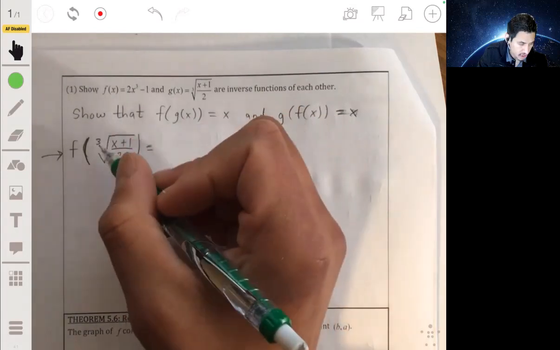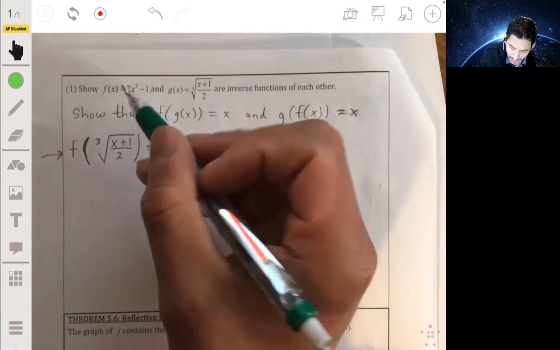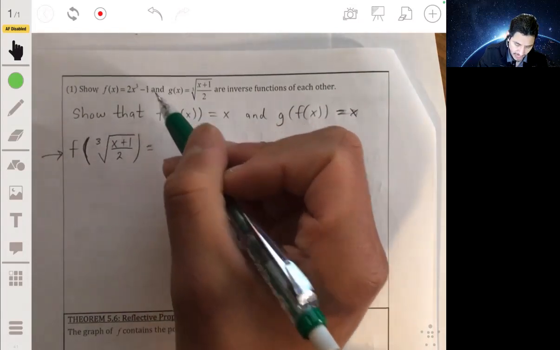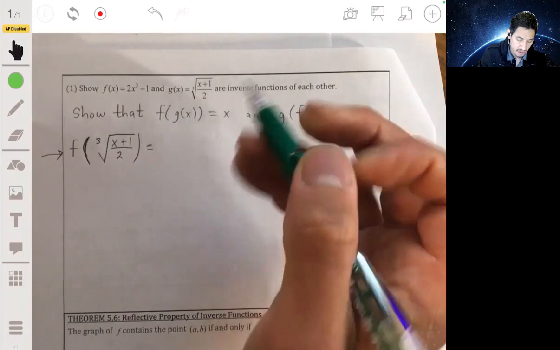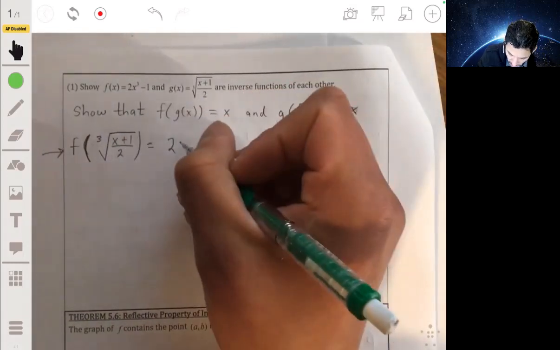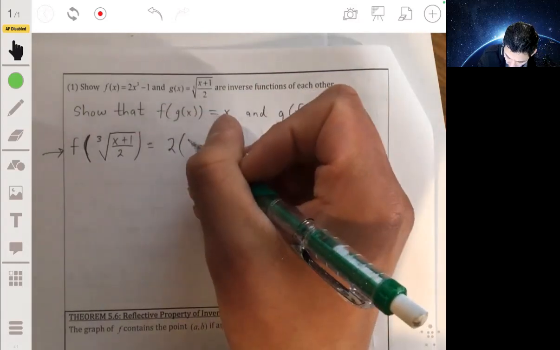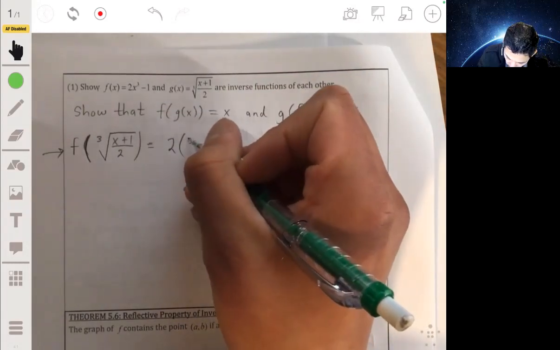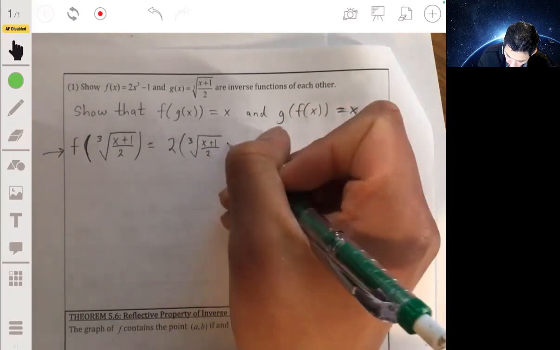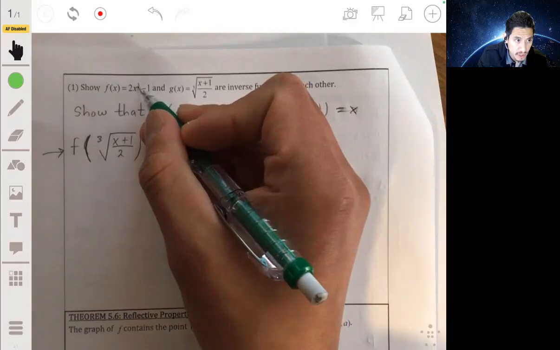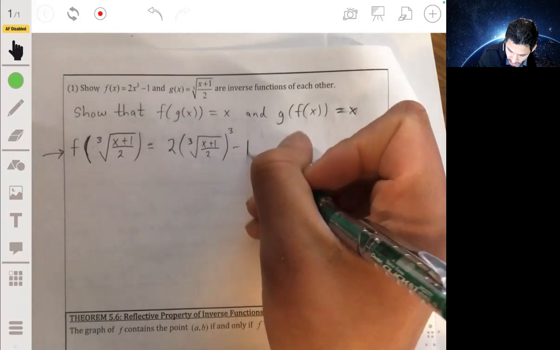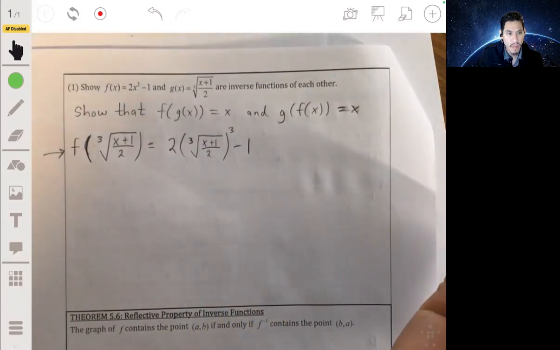Well, it's telling you essentially to cube whatever this is, and then to subtract 1. So what this becomes is 2 times the input, but that input is being cubed. So we're going to cube this expression there, and then we're going to subtract 1 from it, just like that.